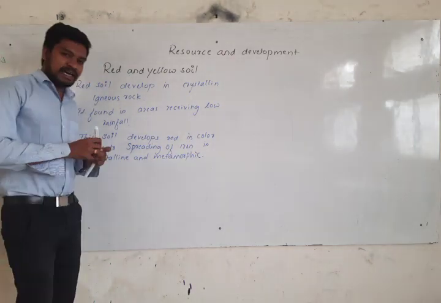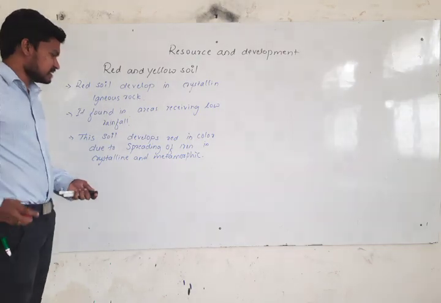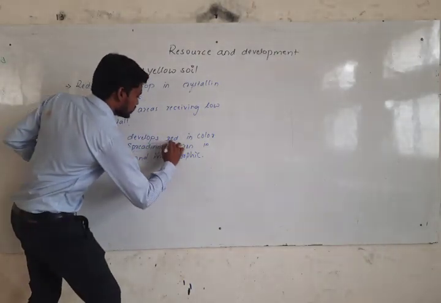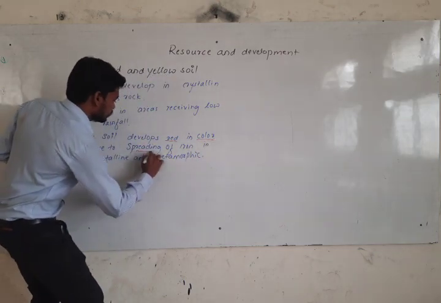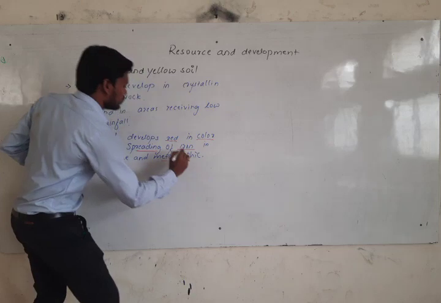So when this iron oxide gets spread in this soil, that turns the color of the soil red. It develops red in color due to the spreading or diffusion of iron in the crystalline and metamorphic rock.